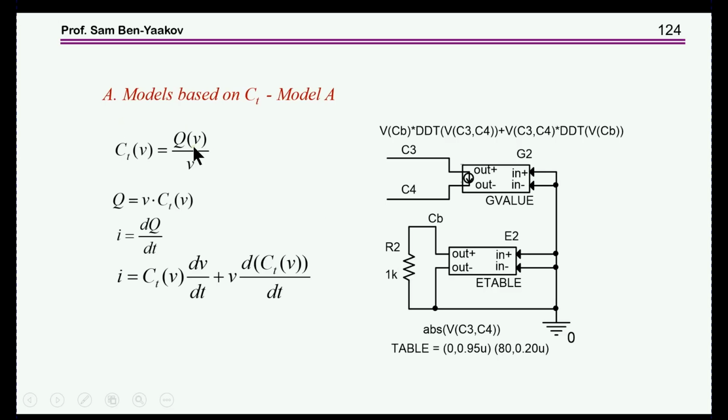From here we get the state space equation, from which we understand that in order to simulate a capacitor using C sub t, the total capacitance, I need to generate a current according to this equation. That's what I have to do. That is, I need a current source with these features. G value in PSpice is a current source.